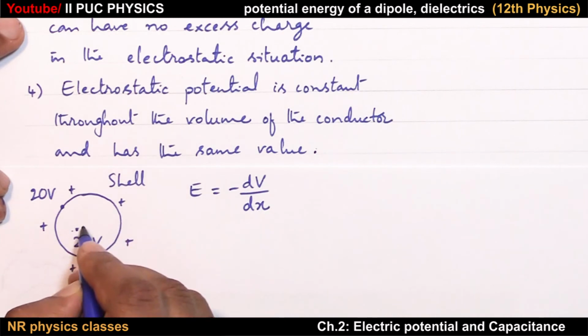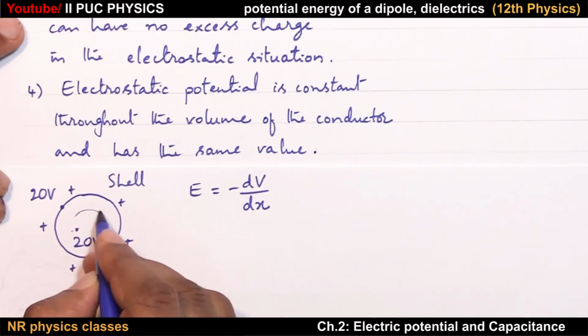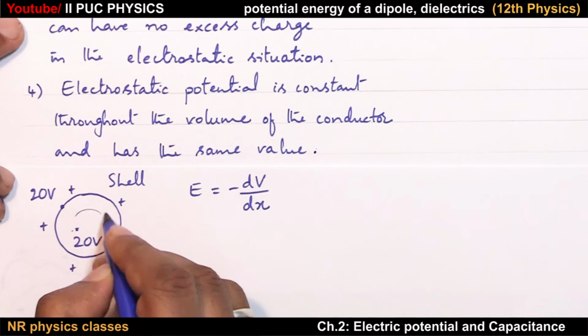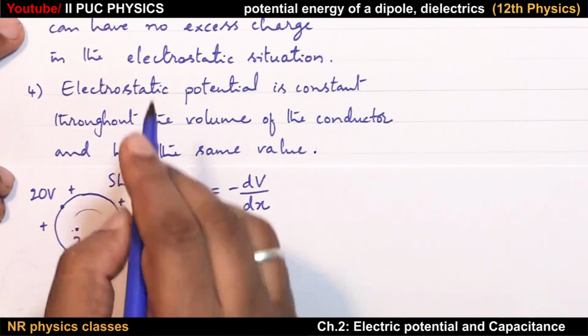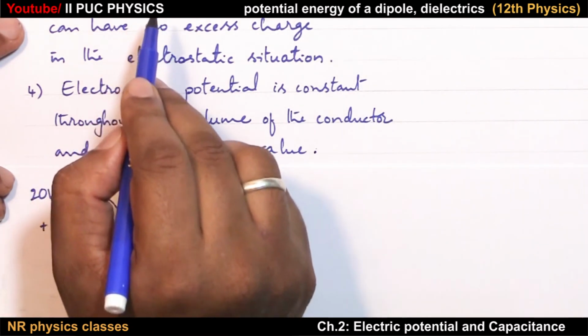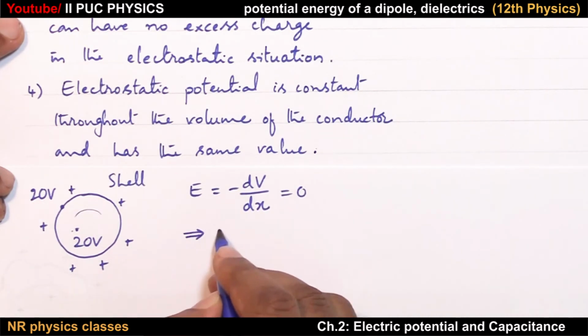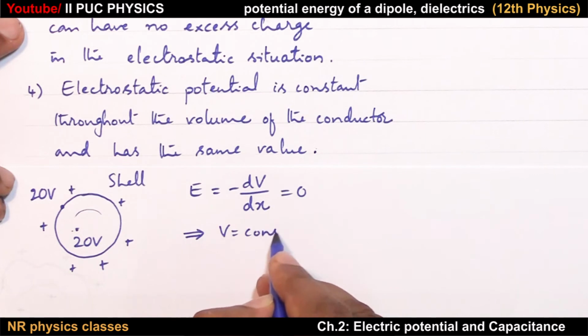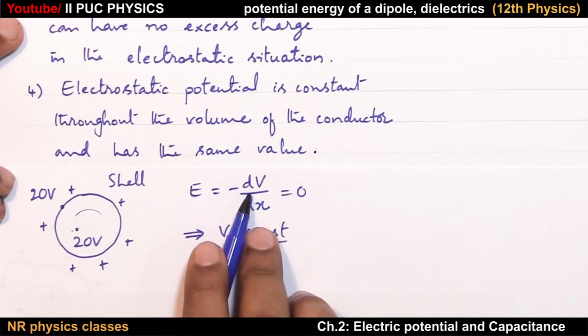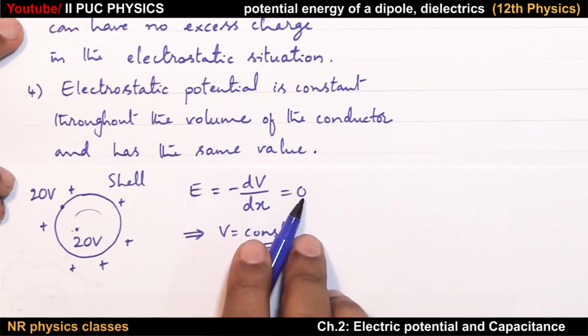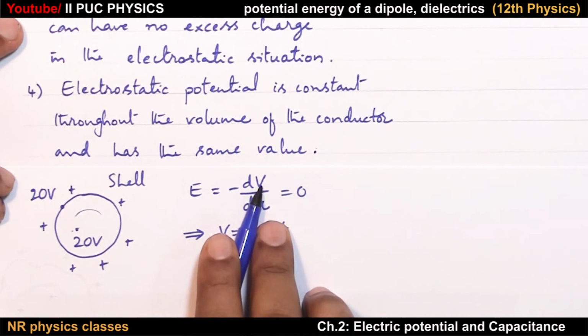Gauss theorem has proved that electric field inside the conductor is 0. Electric field inside the shell is 0. Electric field inside the conductor is also 0 from one of these points. If electric field is 0, implies potential should be constant, isn't it? We get differential coefficient equal to 0 only when this potential is constant.